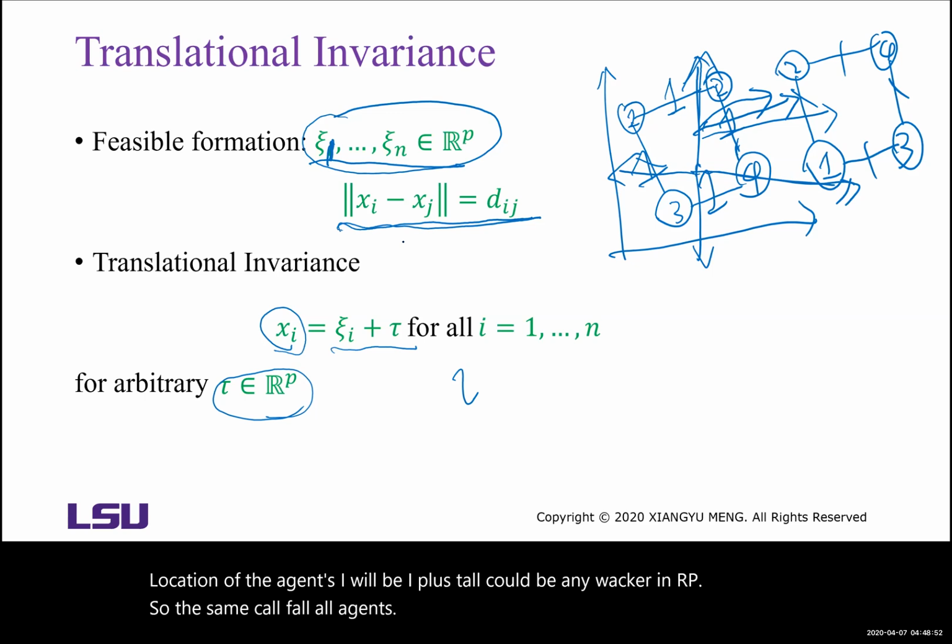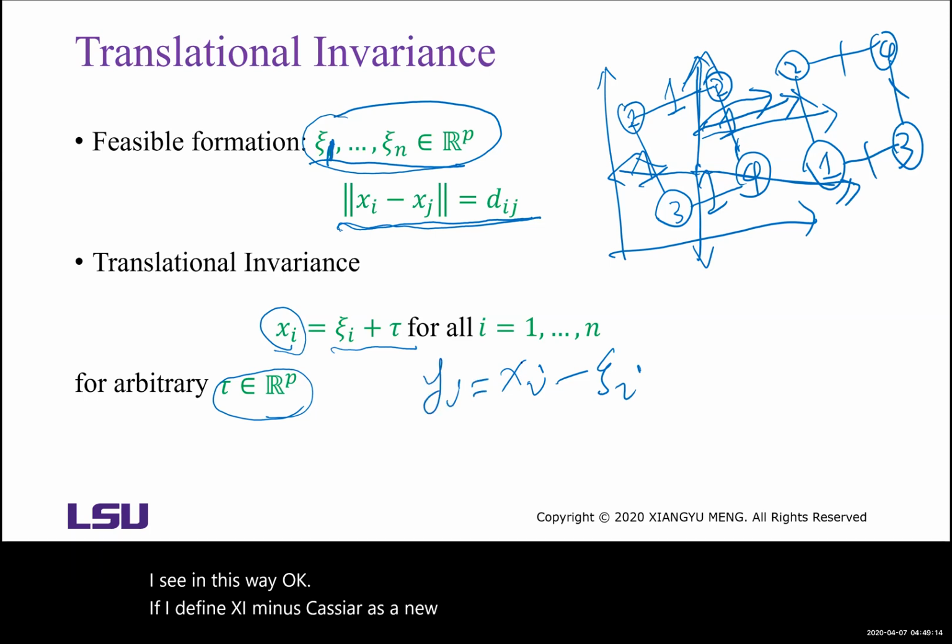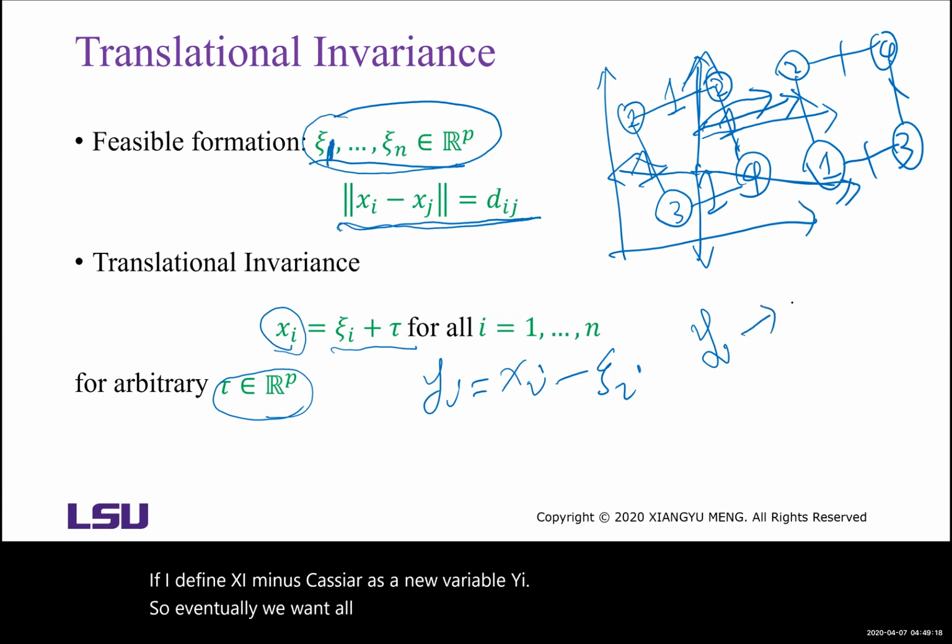Now you see that if I define yi as xi minus ci, then eventually we want all the yi to converge to tau.